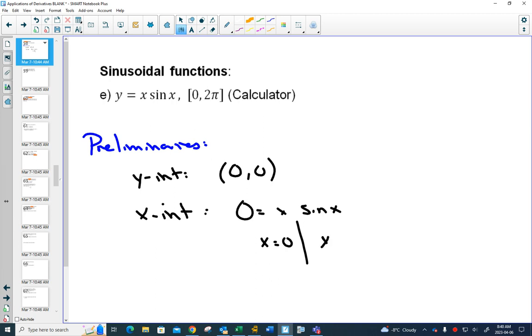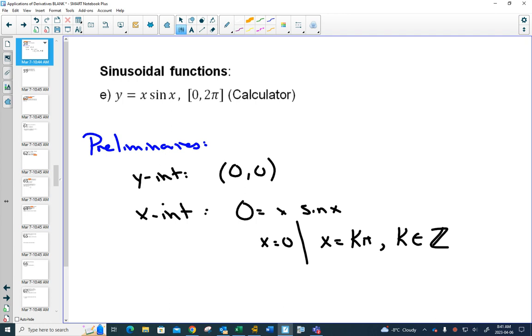Technically, if we wanted to write all of the solutions, just a little reminder of how we wrote this. If we wanted to write 0 pi, 1 pi, 2 pi, 3 pi, 4 pi, 5 pi, all of them, we could write that as k pi, where k is an integer.